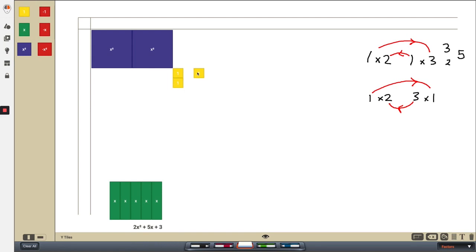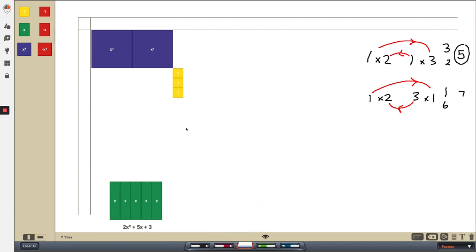If, however, we moved it into this sort of position here, then we would have 1 by 1, 1 tile on the top, and 3 by 2, 6 tiles on the side. That will give us 7 tiles altogether. So 5 tiles is the one we want to go for.